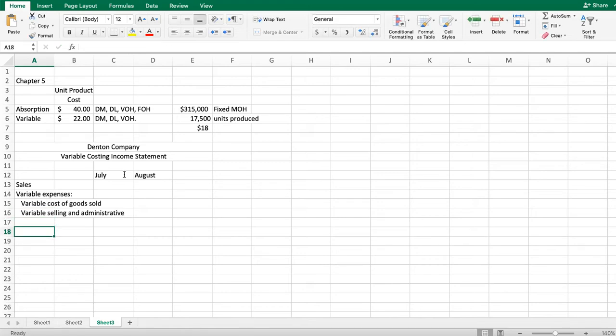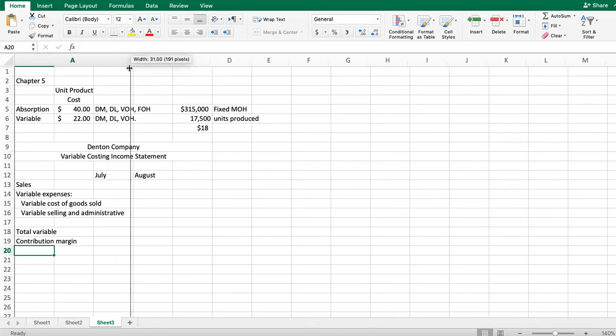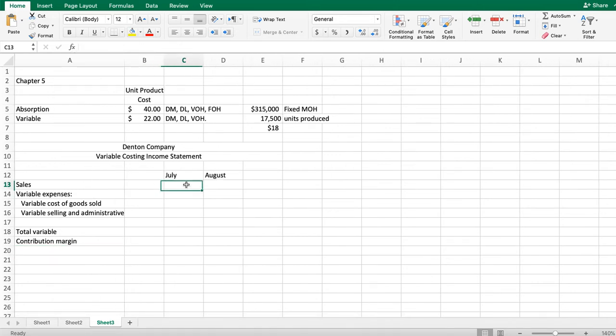And then that will give us our total variable expenses, and when we subtract that from sales, we'll have our contribution margin. So I'm going to go ahead and just start with this. Move that over for some formatting. And our sales is given to us, so it's $900,000 for July. And for August, it's $1.2 million.